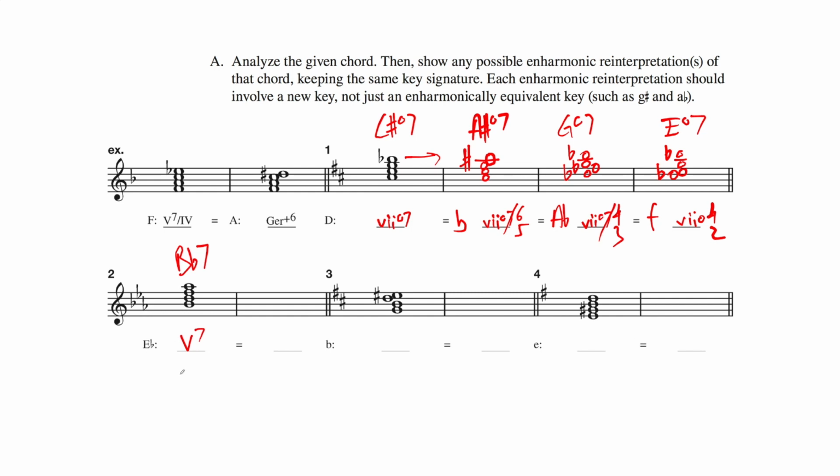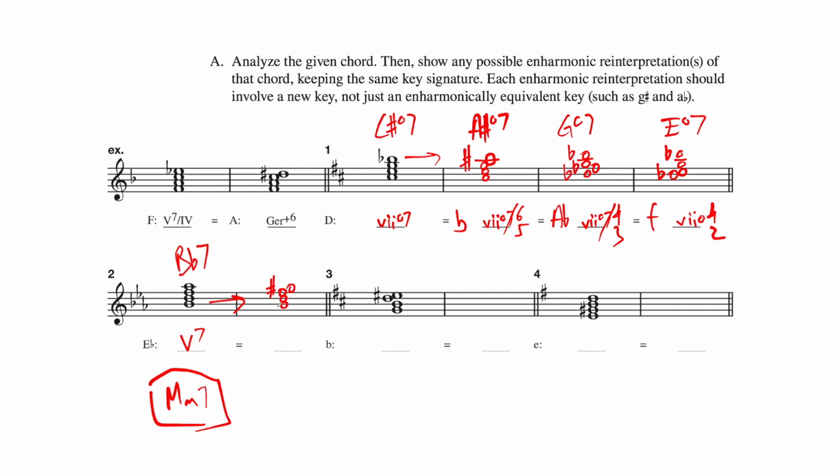The dominant 7th chord, or with a correct terminology, major minor 7th chord, has only one enharmonic reinterpretation, and it is German augmented 6 chord. B flat, D, F, and G sharp.